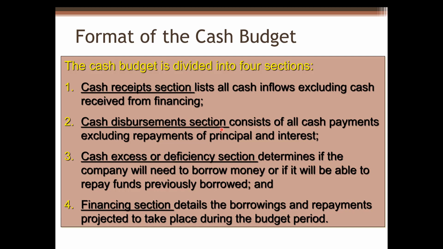The cash disbursements section consists of all cash payments, excluding repayments of principal and interest. The cash excess or deficiency section determines if the company will need to borrow money or if it will be able to repay funds previously borrowed. And the financing section details the borrowings and repayments projected to take place during the budget period.